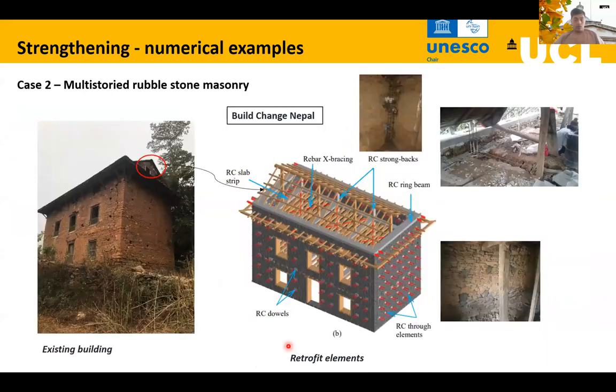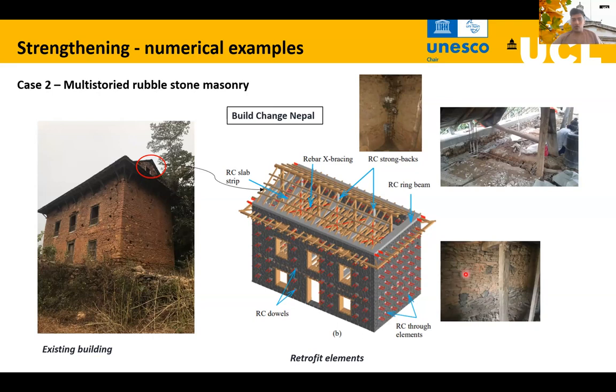This is one of the retrofit examples that was implemented by Build Change, and they have retrofitted over 200 of such houses in the period of 2016 to 2020. About the retrofit elements here, the design includes RC elements to improve the wall level integrity.